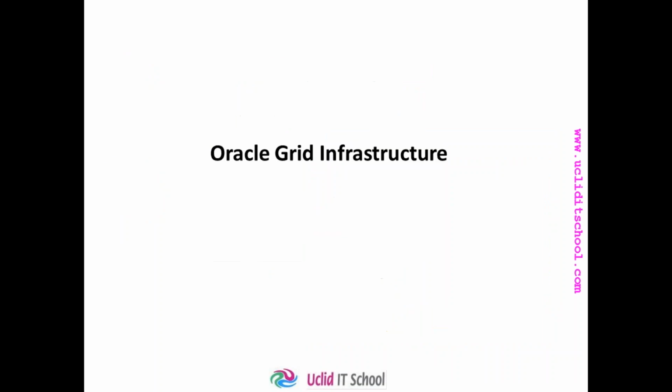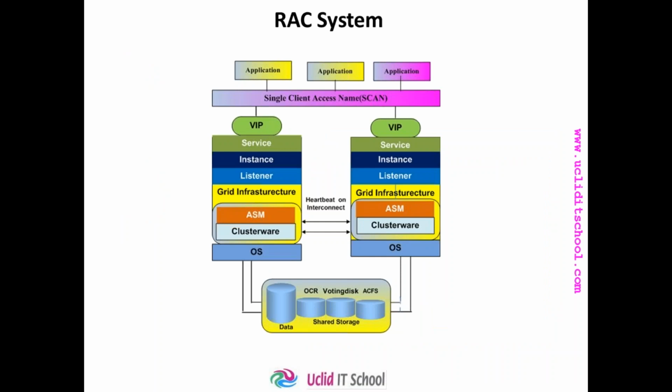Now, the big diagram, which depicts every component of RAC, is shown here. Now you see there are two servers, and there is some shared storage. Just observe my mouse.